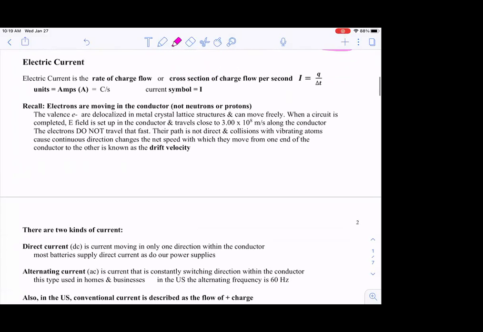We talked about electric current. Electric current is rate of charge flow, so it's charge per unit time.